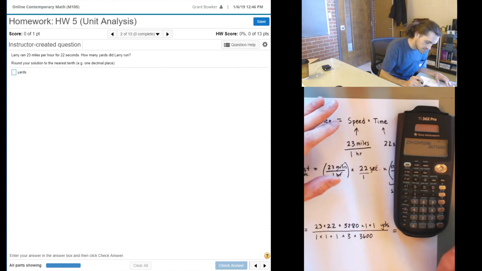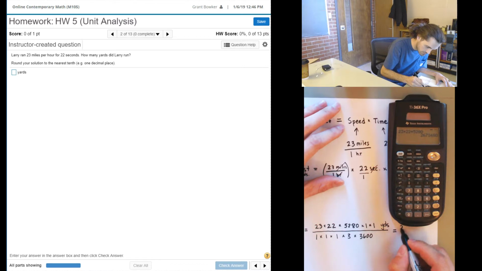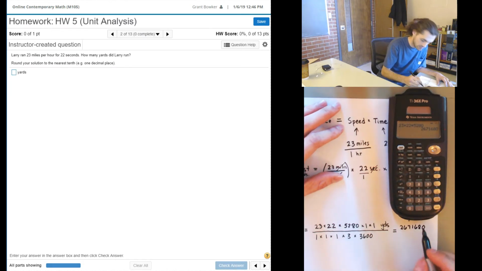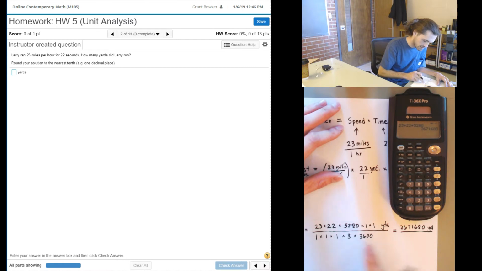Wow, 2671680. And then the unit of yards is also still floating around, still attached to the numerator. In the denominator position, I have 3 times 3,600.